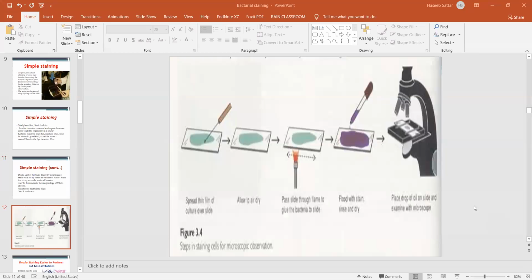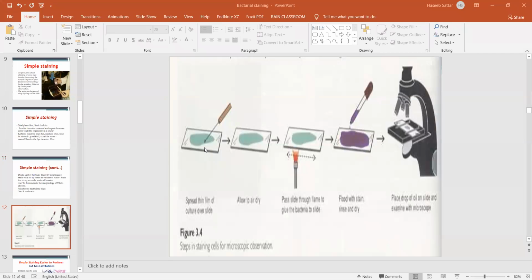Okay. So the simple staining is a very simple technique. First, make a smear. I told you what a smear is: we pour the solution or a sample on a glass slide and make a thin film. That is what we call a smear.